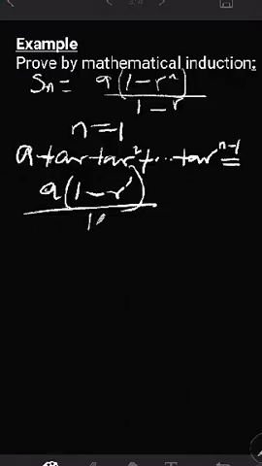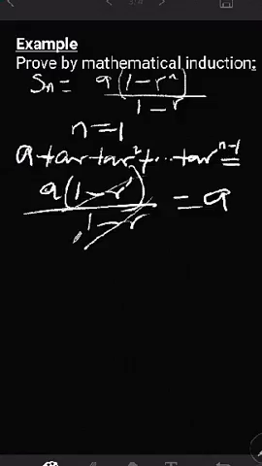So this will give a into 1 minus r raised to power n, and n is 1, over 1 minus r. So this cancels this, and equals a. So for n equals 1, we prove it to be a, that is the first term is a, which is a according to what we have here.